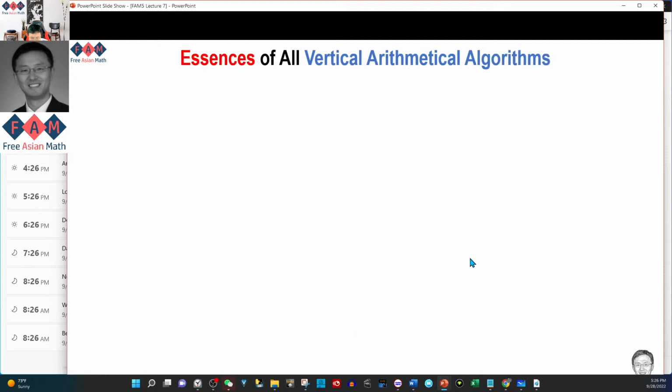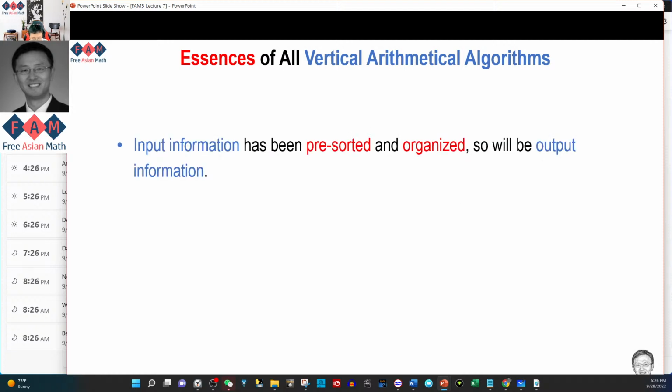Okay? So, what is the essence of all vertical arithmetical algorithms? Not just addition, because we'll see for multiplication later, pretty much the same thing. Well, you have to realize there are two things. First, the input information has already been pre-sorted and organized for you, right?